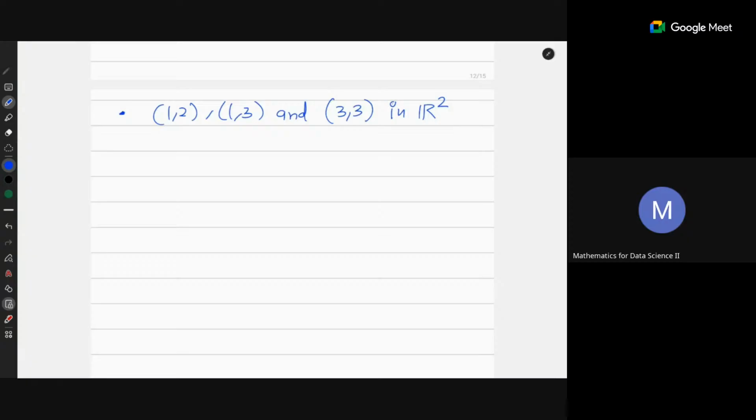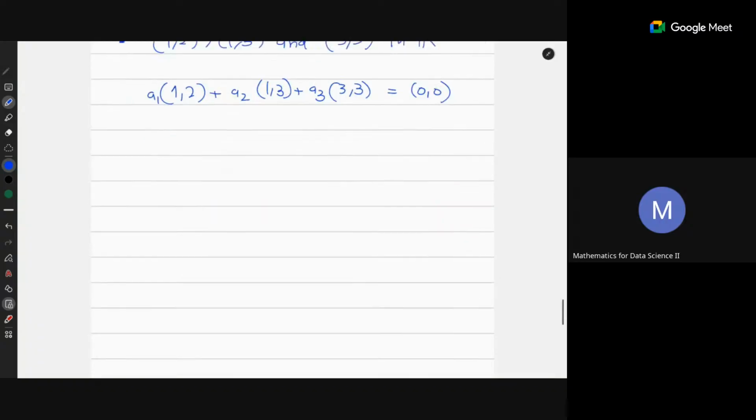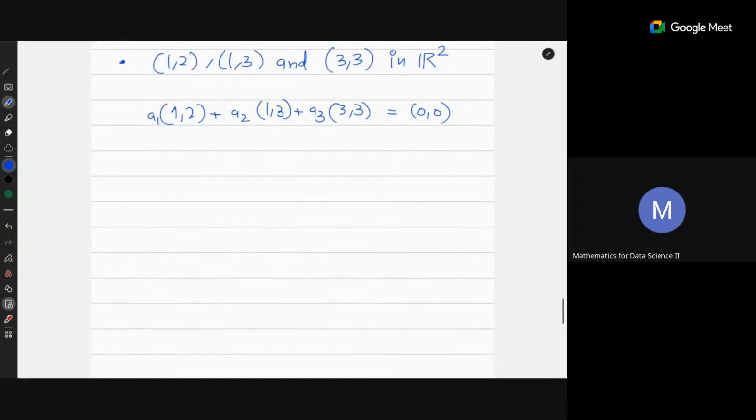Now let us look at why it is. So if you express, let's say, A1, A2, A3 equal to 0, 0. Now it will give you how many equations?